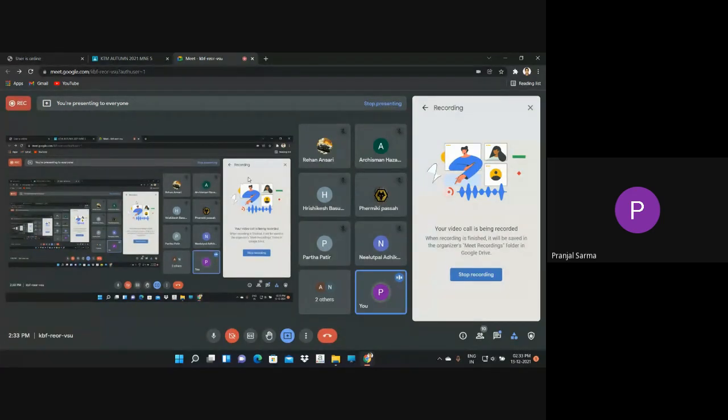If no, then respond to your name first. Nilutpal? Yes, sir. Shankar? Absent. Arsisman? Present, sir. Rehan? Yes, sir. Partha? Yes, sir. Rishikesh Vasumutari? Present, sir. Fairmiki? Present, sir.